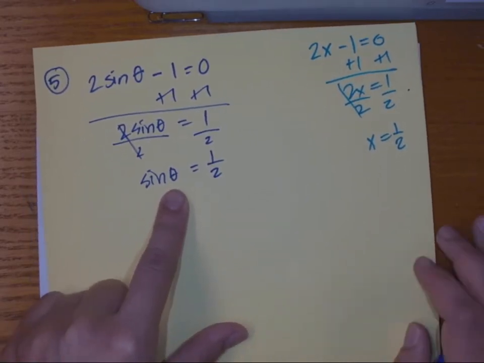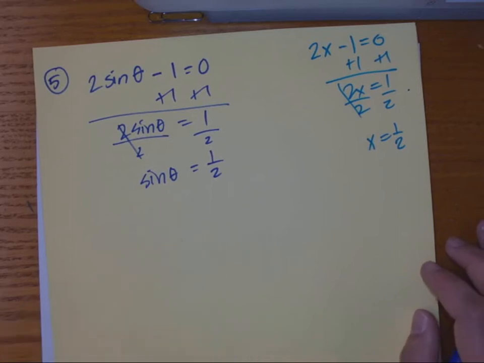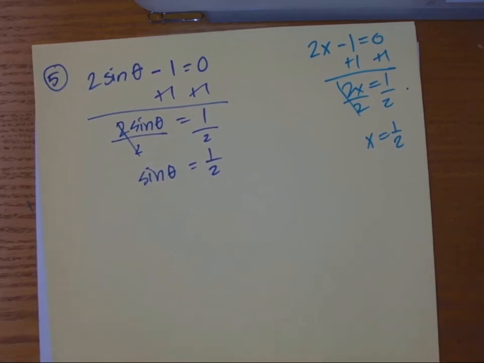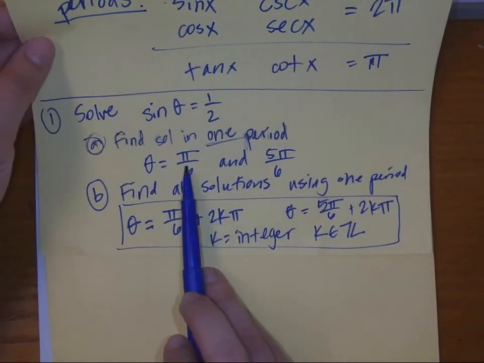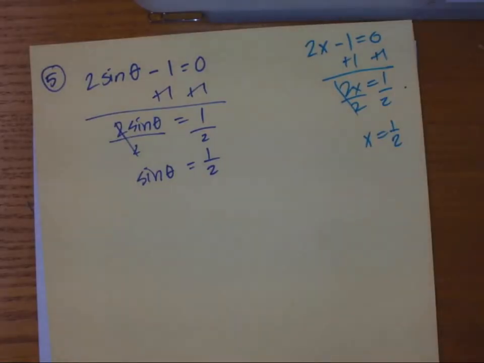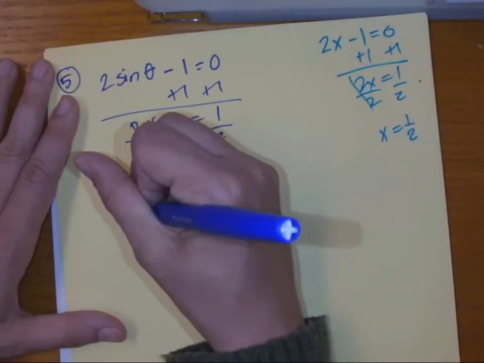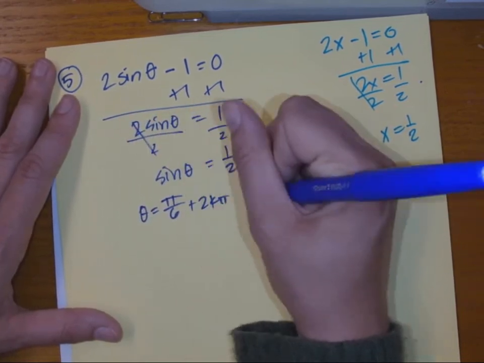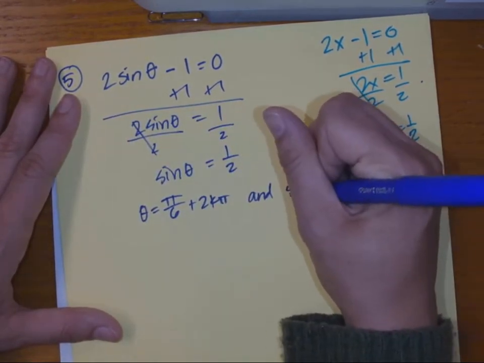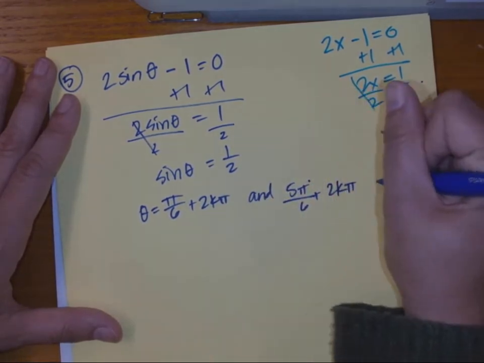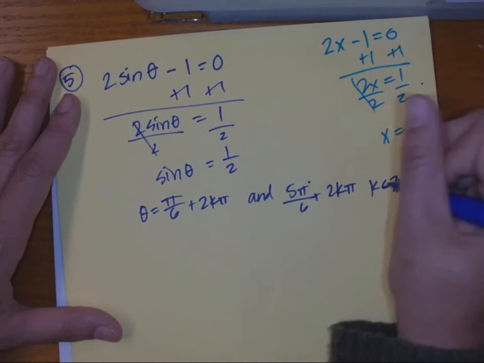Figure out for one period what your answers are, and then add 2k pi to it. So we actually already did this problem, sine of 1/2. That was the first problem we did. So the answer was pi over 6 and 5 pi over 6, and you add 2k pi to it. So theta equals pi over 6 plus 2k pi and 5 pi over 6 plus 2k pi, and k is an integer.